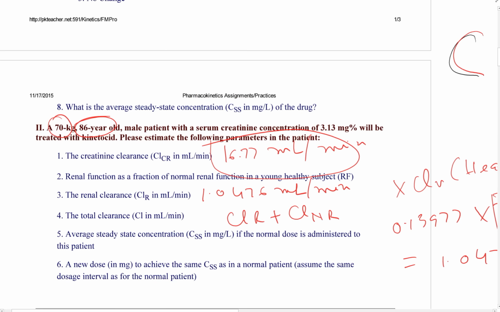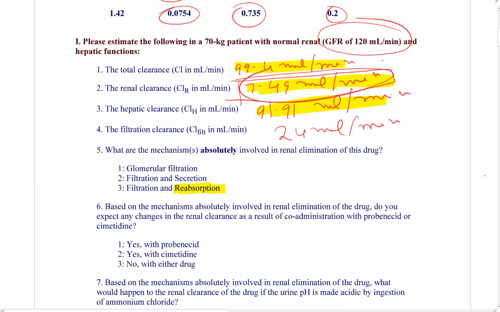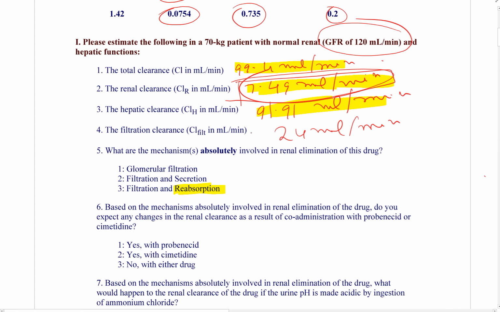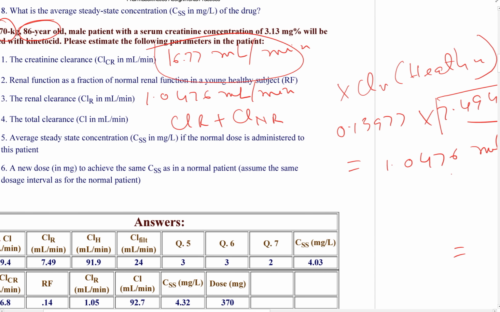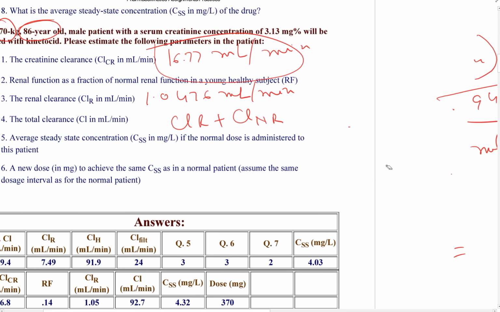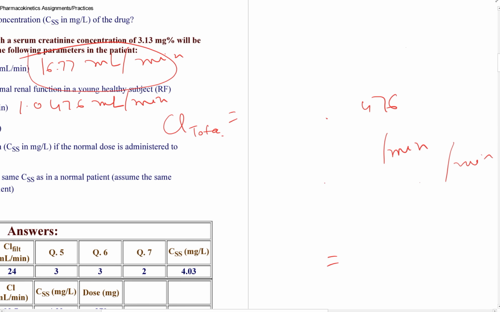So CL total would be CLR plus CL non-renal.